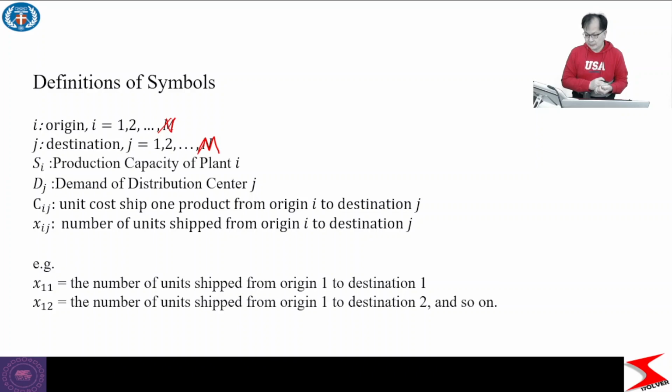S_i means the production capacity of plant i. D_j means the demand of distribution center j. C_ij means the unit cost to ship one product from origin i to destination j. And X_ij is the decision variable, which means the number of units shipped from origin i to destination j. For example, X_11 means the number of units shipped from origin 1 to destination 1, which means from plant 1 to distribution center 1, and so on.